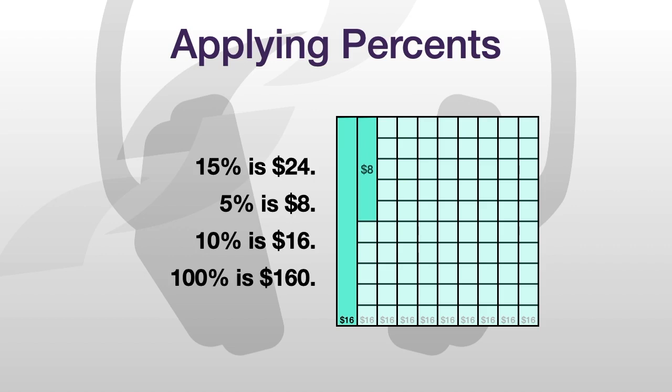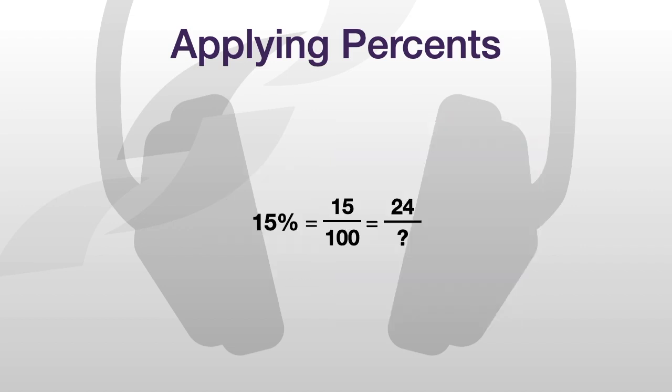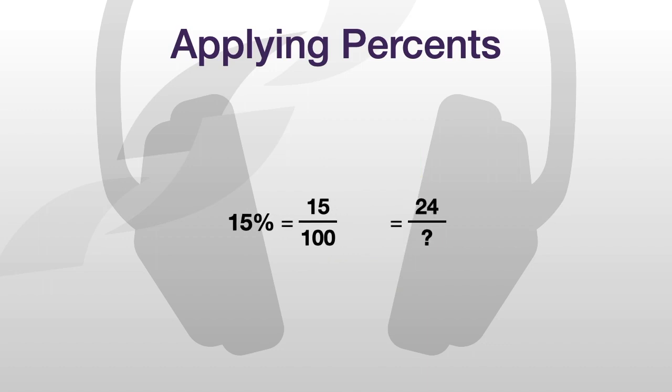Let's examine a strategy that uses a proportion. Both 15 to 100 and 24 to the original price are part to whole ratios. Our task is to figure out the amount of the original price that would make these two fractions equivalent. It's challenging to make 24 from 15.